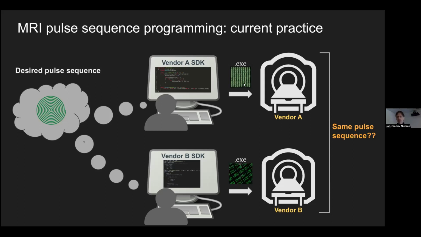So that produces an executable that then works on any particular vendor's platform. So in the end, you have some concept about the sequence, and then you implement that independently. And this is rarely done by the same person. So this usually involves multiple people and possibly vendors. And even then, at the end of the day, you're not really guaranteed that the whole sequence is identical.